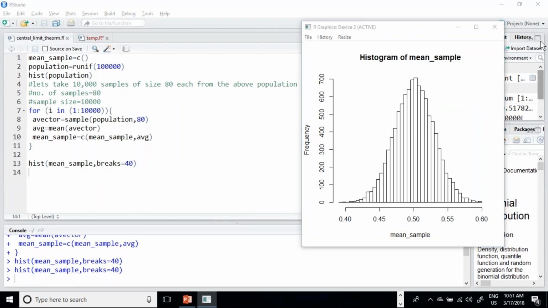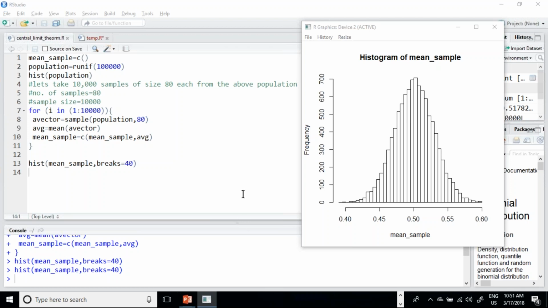So tell me if you have any doubts, guys. Which line?